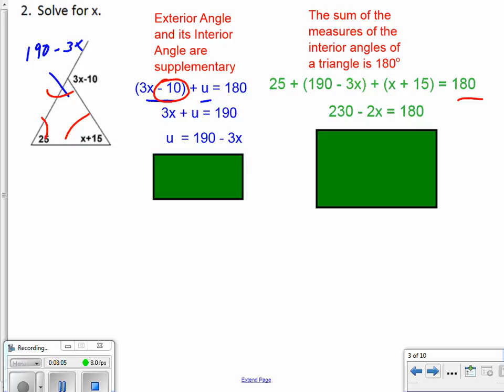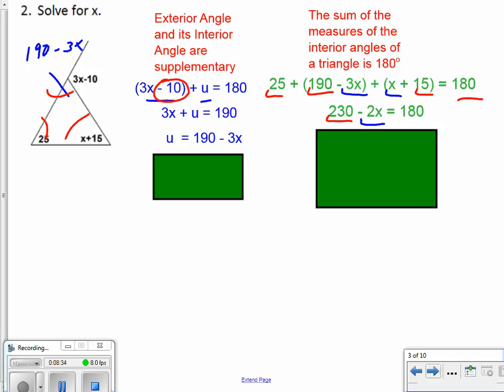Simplifying all of those pieces, here we have a negative 3x, here we have a positive 1x, so that would become negative 2x. Here we have 25, here we have 190, here we have 15. If I add all those together, that's going to become 230. So 230 minus 2x equals 180.